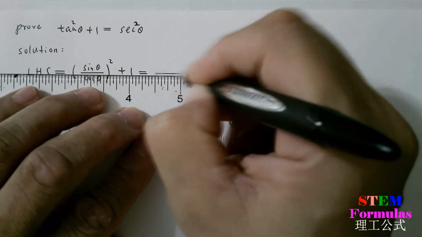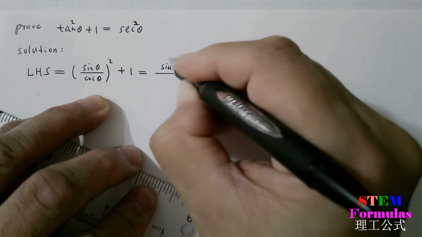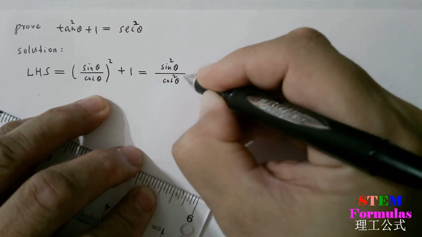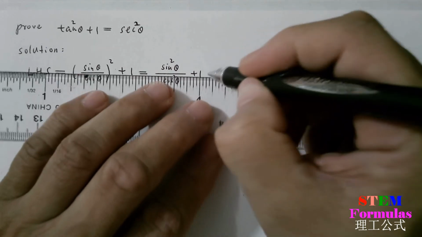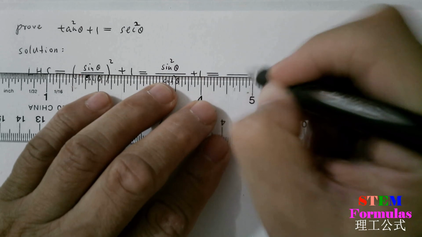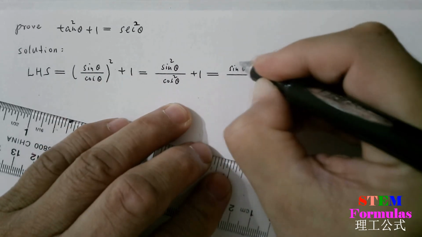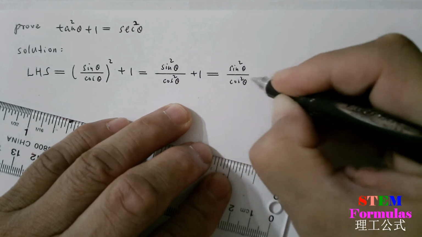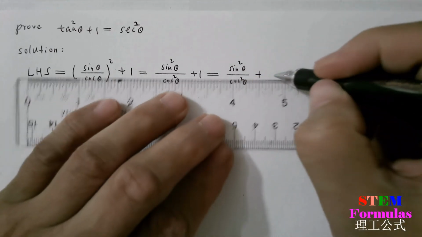Equal sine theta square over cosine theta square plus 1.